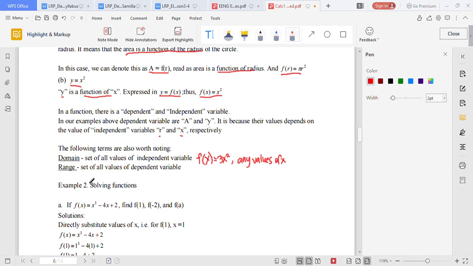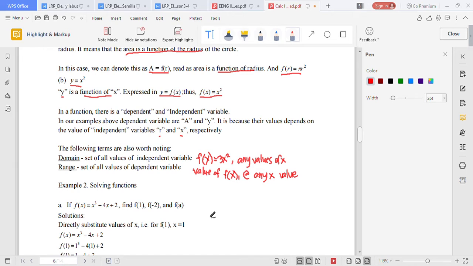For the range, we have the set of all values of the dependent variable. So what will be the range? If we have the function f of x equals 3x squared, the range would be the value of y, or the value of f of x, at any x value.